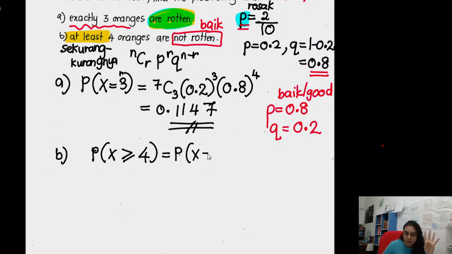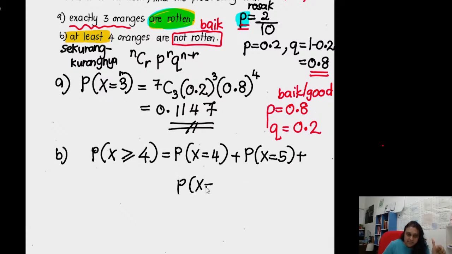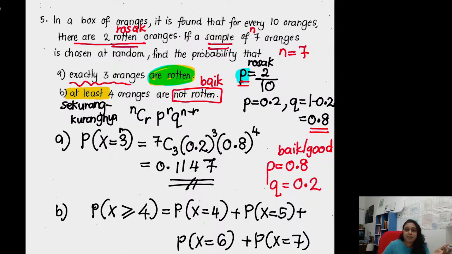4 oranges good, correct. 5 oranges can be good, correct. 6 oranges can be good. 7 oranges can be good. Stop. Why stop at 7? Because our experiment they do with 7 oranges only.